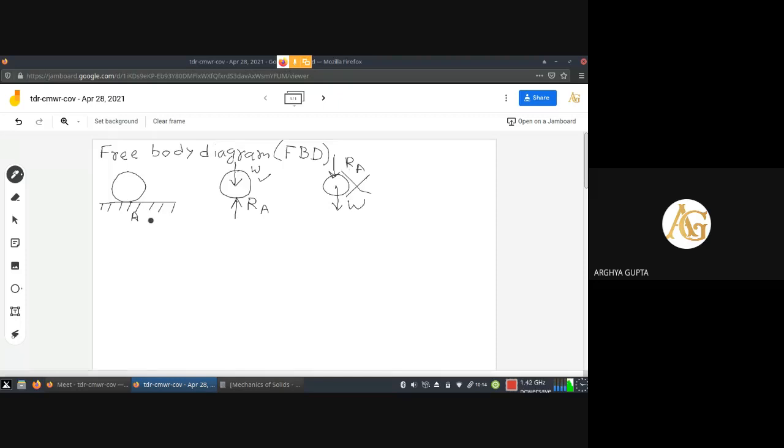Okay. Now, if I take another example, let us consider a vertical wall. So here a vertical wall is shown. Now let us consider a ball again.